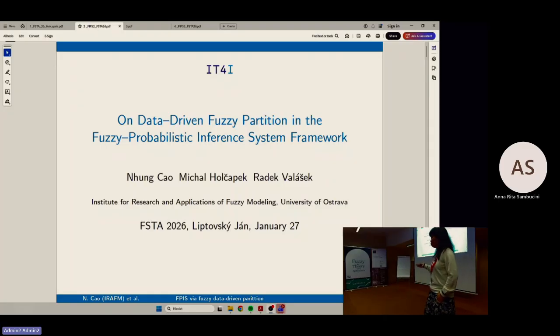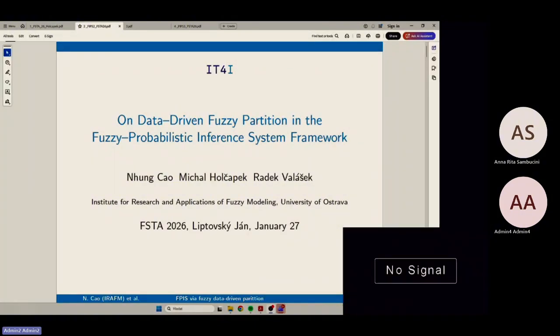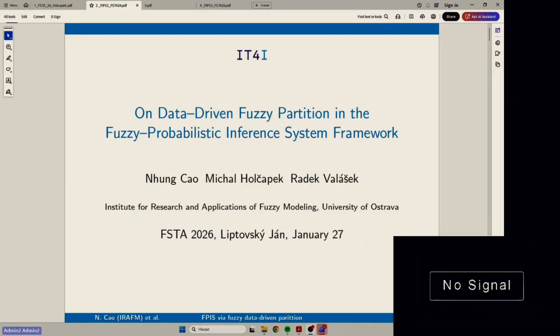I cannot move to the other slide. Support 0 or 3 with my presentation. Now we need to move this to a new screen.